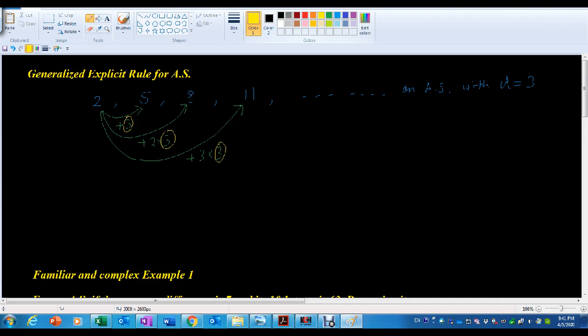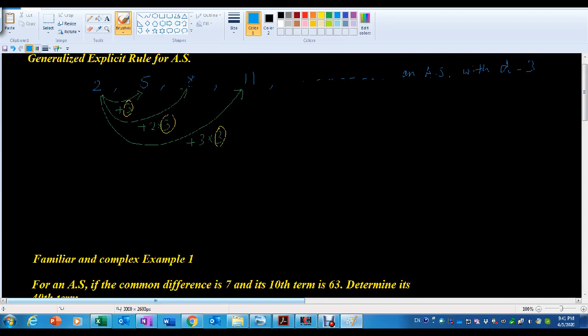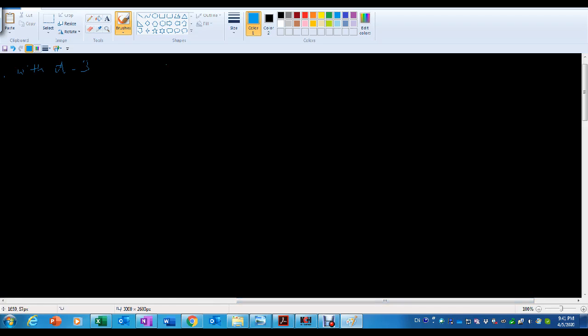So in general, can we do that for any arithmetic sequence? Of course we can. For any arithmetic sequence, the form would be like this. If T1 is our first term in an arithmetic sequence, then how about our second term?